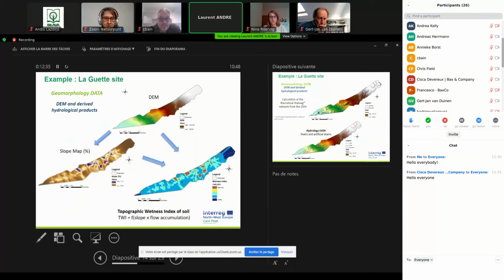From this digital elevation model, we can determine some hydrological products, like, for example, the slope map. So this is very interesting to determine because it will give some information on the infiltration or on the runoff of the recharge.